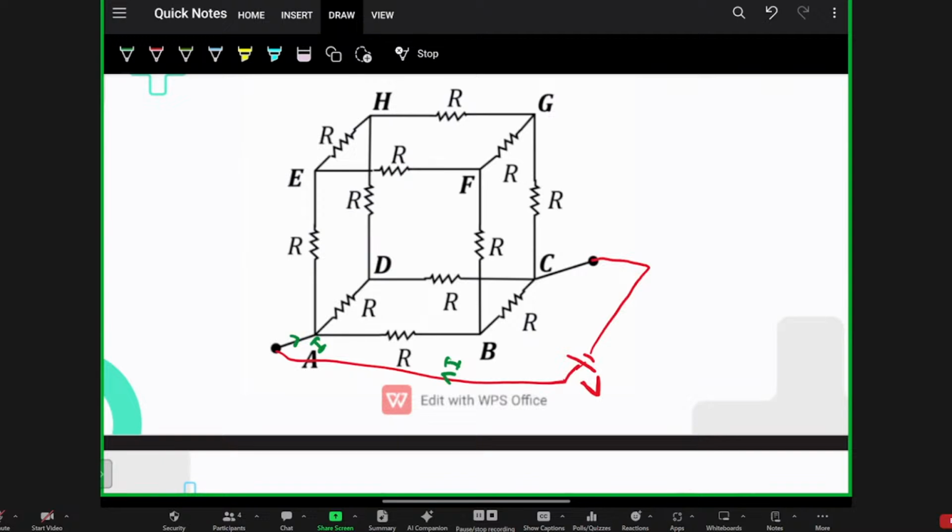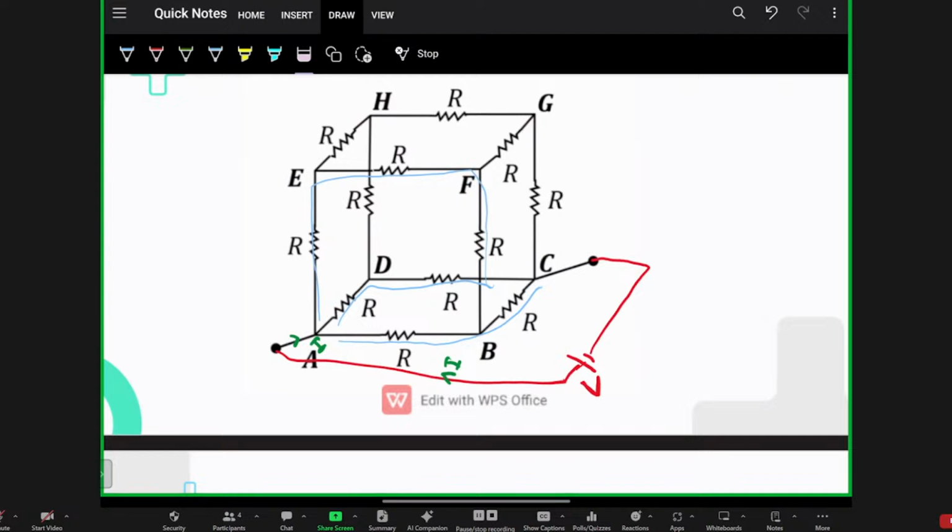First way is through like this, second way is through like this, and third way is through like this. In the first and second way, the path is identical. Only two resistors are in the first and second branch. But in the third way, one, two, three, a different number of resistors are present.